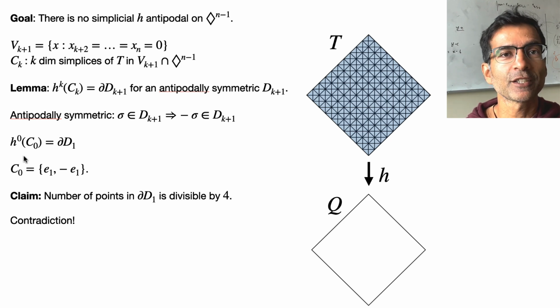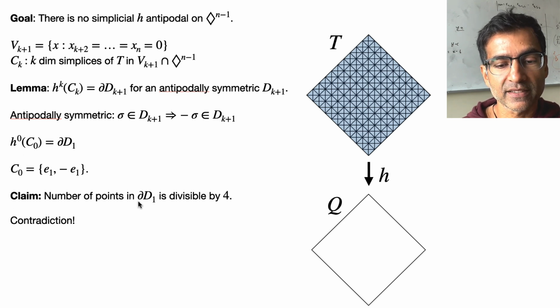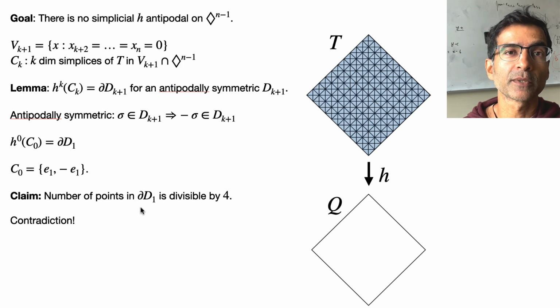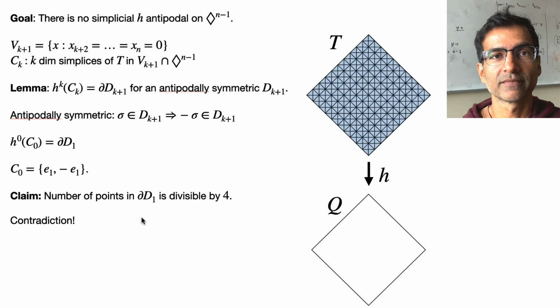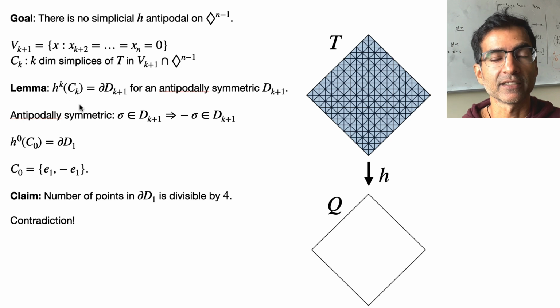And that means on the left-hand side, you have a set of size either 1 or 2. But I claim that the number of points on the right-hand side has to be a number that's divisible by 4. And that's a contradiction. Okay, so let me prove this claim first, and then we'll finally return to proving the technical lemma.